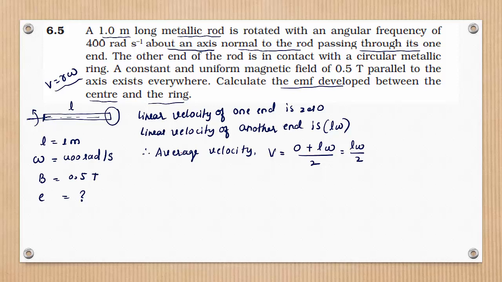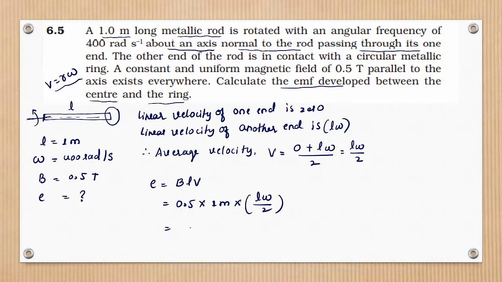Now we can find the induced EMF. We know the formula E equal to BLV. Substitute the values: 0.5 into length is 1 meter, into the average velocity L omega divided by 2.